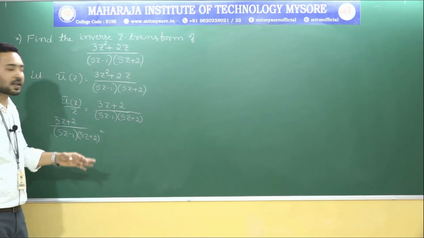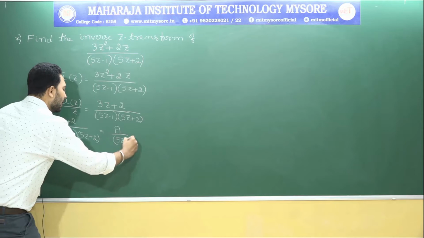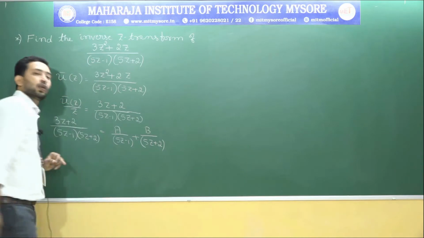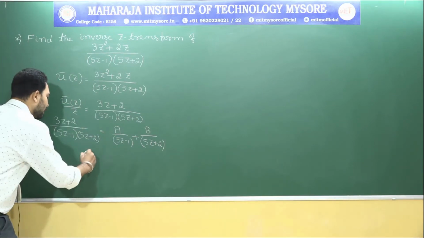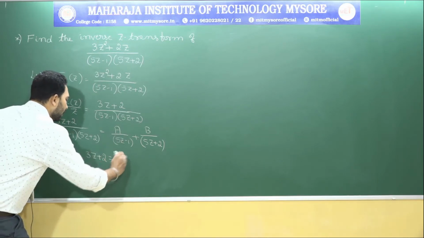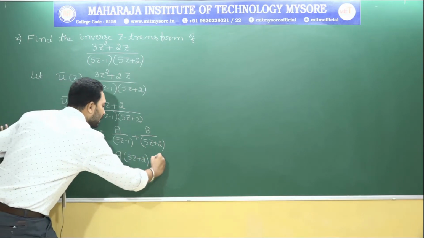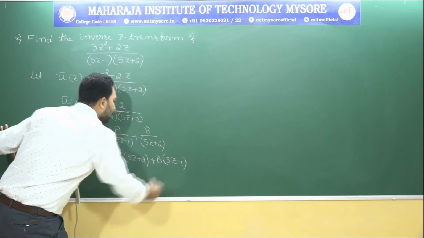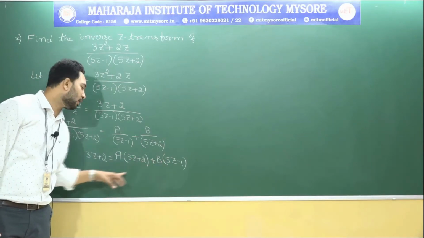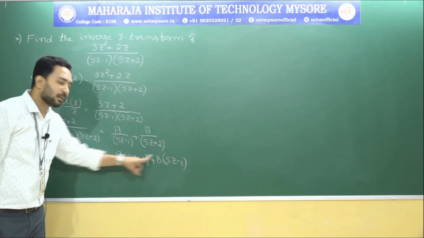If we apply the partial fraction method, I can write this as A divided by 5Z minus 1 plus B divided by 5Z plus 2. Take LCM and cancel the denominator, we get 3Z plus 2 equals A into 5Z plus 2 plus B into 5Z minus 1. So we need to find the constants A and B. To find A, let's make B 0, and to find B, make A 0.